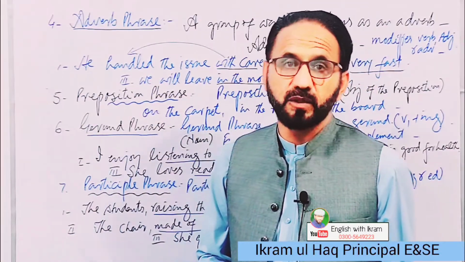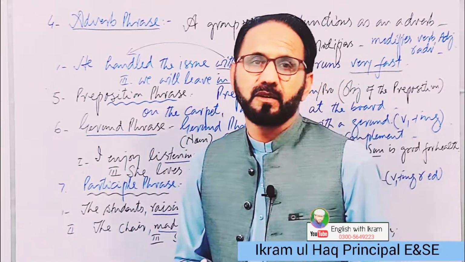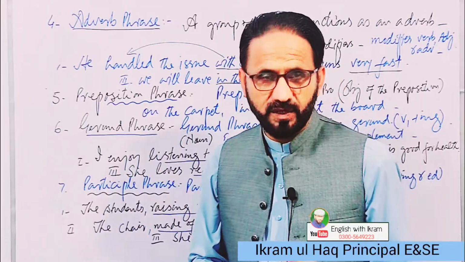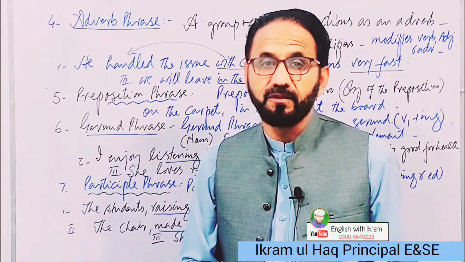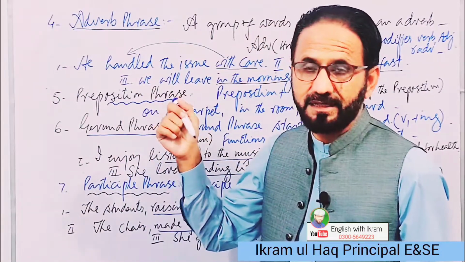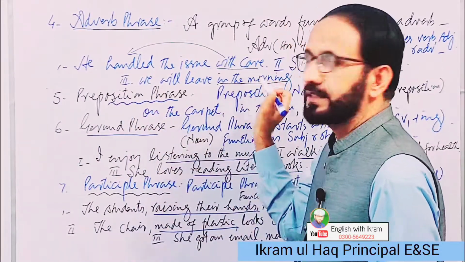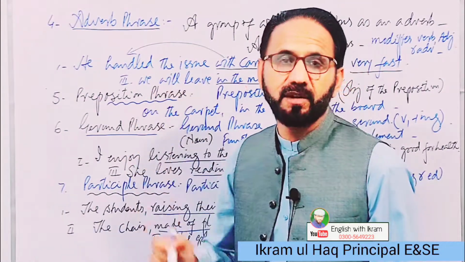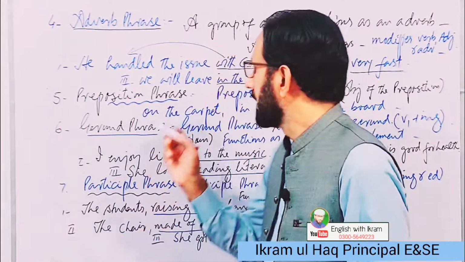Normally an adverb answers the questions how, when, where, and the same questions are answered by the adverb phrase. Verb के बारे में, when does an action occur, how does an action occur, and where does an action occur. Action कैसे हुआ, and it tells us the manner of action. He handled how? With care. It's a group of words telling something about handled, a verb. So this is an adverb phrase.